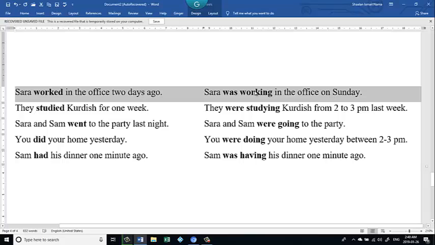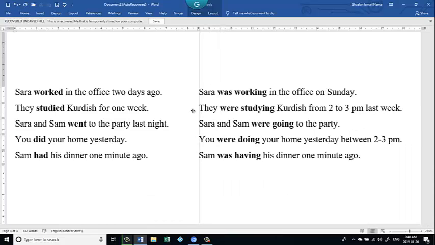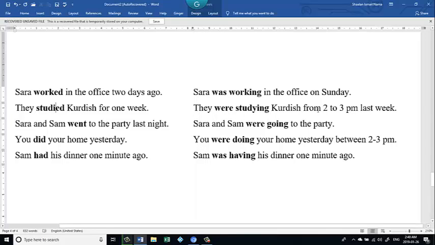Then only on the Sunday, maybe at a specific time on Sunday, she was working there. They studied Kurdish for 1 week. That's past because I have ed. Then to make it past continuous, they were studying Kurdish from 2 to 3 p.m. last week. It means a specific time, between this time they were studying.